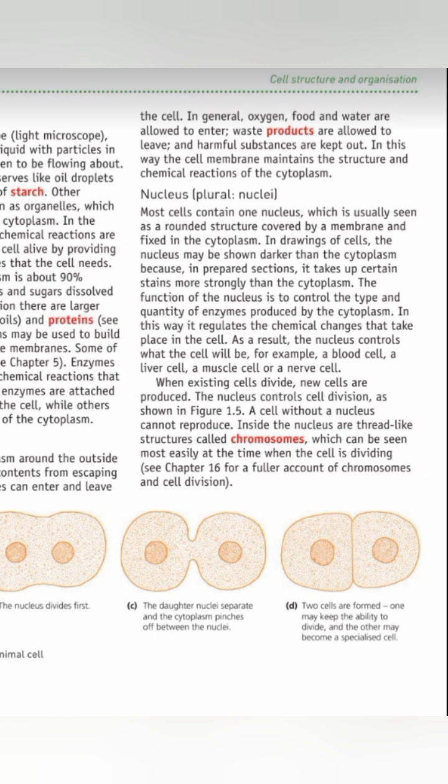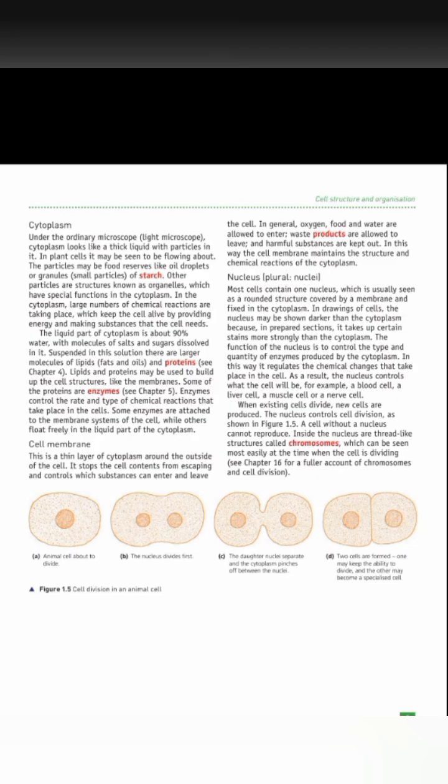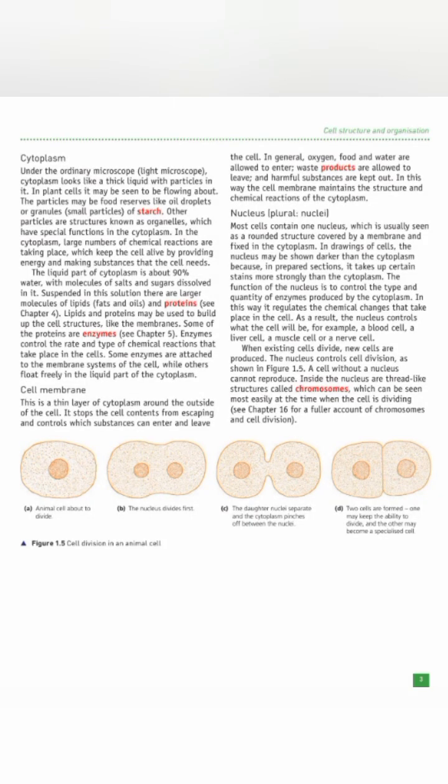Now we will discuss some important organelles like mitochondria and ribosomes, and the functions of these organelles. These are the organelles that are more prominent in animal cells. So these are the basic organelles that are present. Firstly, we will discuss mitochondria.